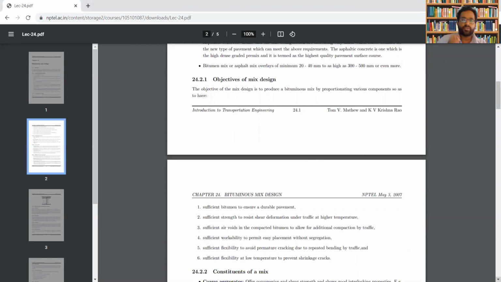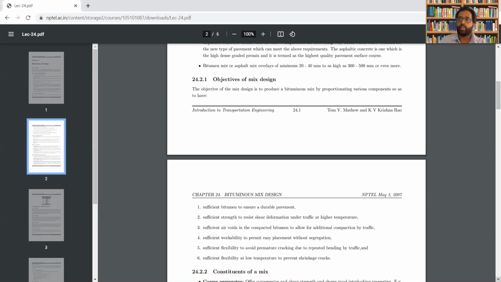Now, objectives of mix design. We need to produce a bituminous mix by proportioning various components. First, there should be sufficient bitumen to ensure a durable pavement.